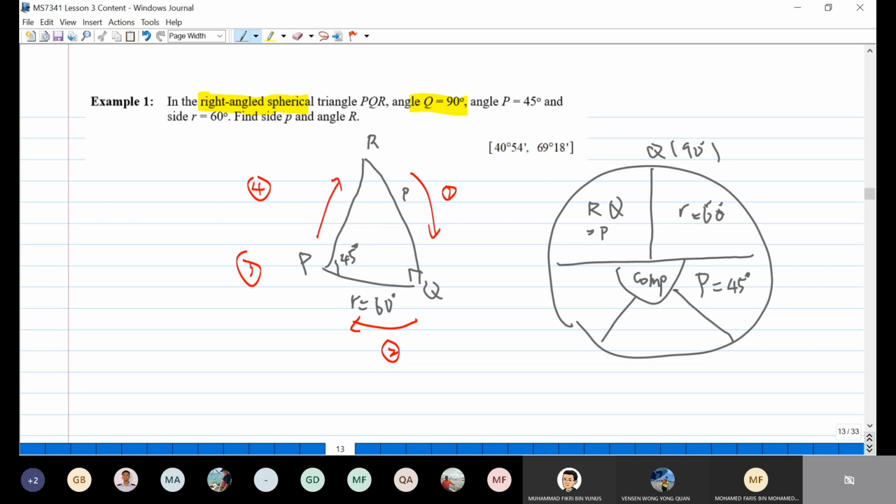So PR is actually the side q, opposite the angle Q. So this PR is q here. Then I meet the angle R. So this is angle R now.